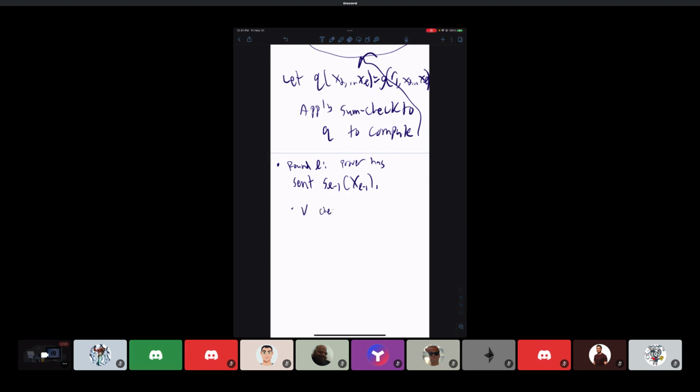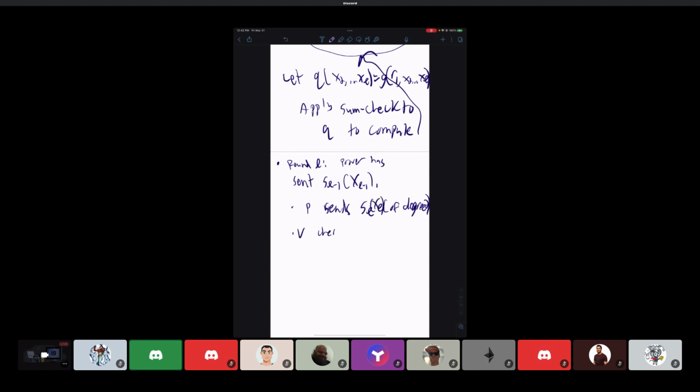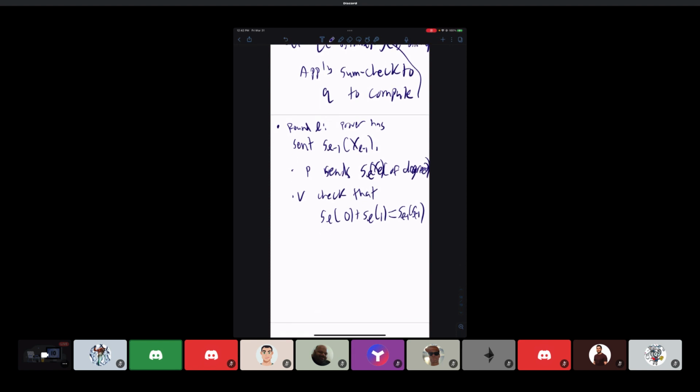In round L, the prover will send S_L of X_L, a degree 2 polynomial, and the verifier will check that S_L of 0 plus S_L of 1 equals S_{L-1} of R_{L-1}, which came from the previous round.